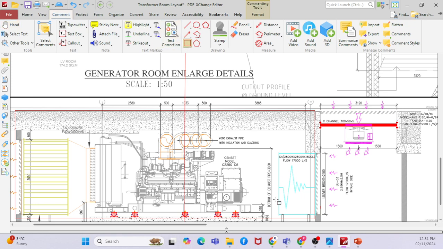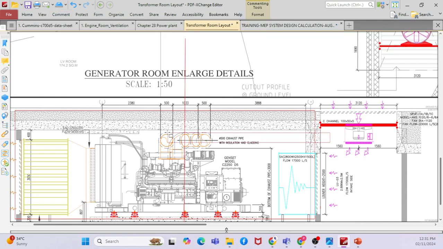Assume I cannot keep it here because something is there, so I run the duct like this, for example on the top of the generator. Then I have to add 2.5 times. Assume I cannot keep my generator alternator somewhere here, and I have to keep it like this because there is something here. Then I will add 1.5 times.